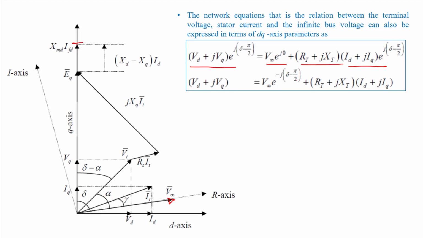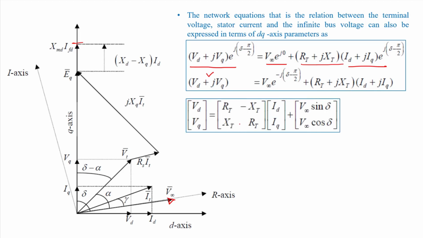By doing that, we find the terminal voltage in terms of dq axis parameters: V infinite e to the power minus j of delta minus pi by 2, plus RT plus jXT, times ID plus jIQ, right?